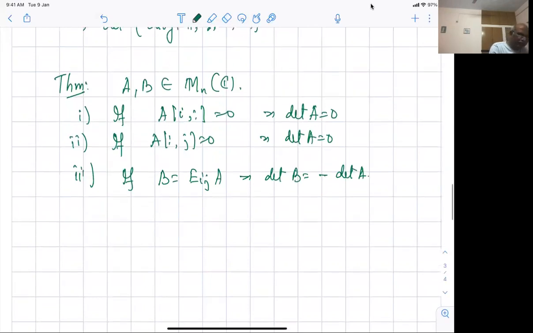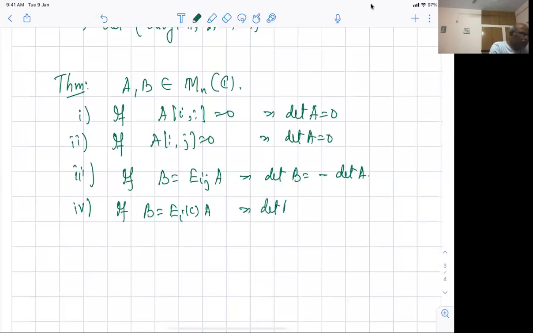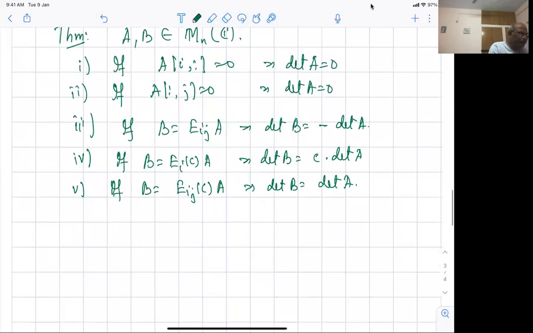The direction of the parallelepiped will change. 4, if B is equal to E_i(c) times A, this will imply that the determinant of B is c times the determinant of A. So basically everything is very nice, simple. 5, if B is E_ij(c) times A, then there is no change in the determinant. The determinant of B is the same as the determinant of A, because it is just a parallelogram shift and nothing else.